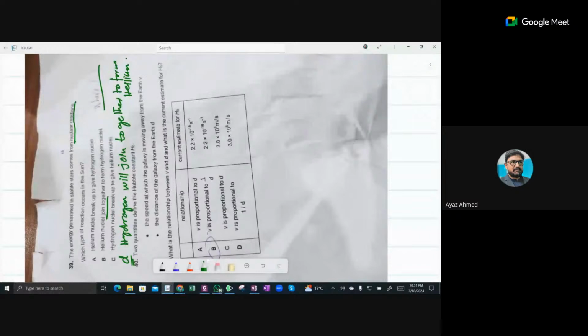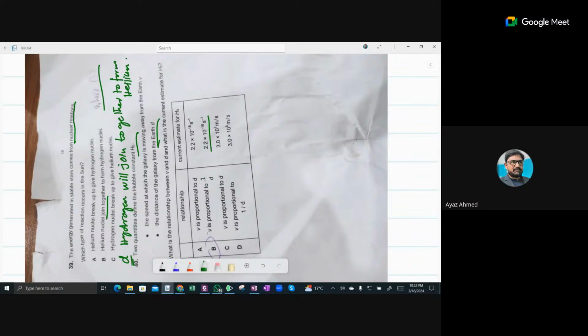Two quantities define Hubble's constant. One of them is the speed at which the galaxies are moving away from the Earth, the other is the distance. So what is the relationship? V is proportional to 1 upon D. Yeah, that is fine, so that is 2.2 into 10 to the power minus 18 per second.